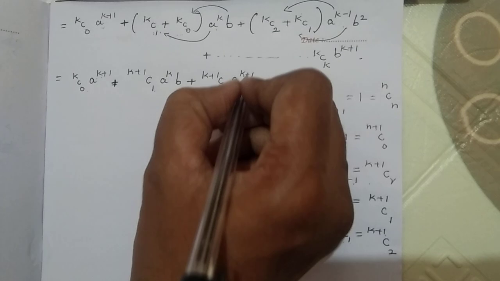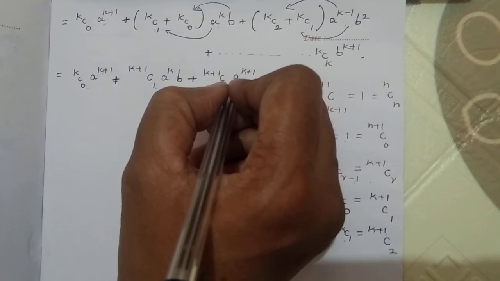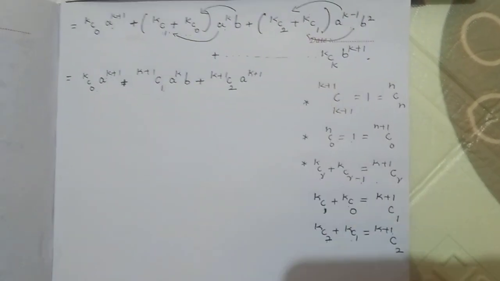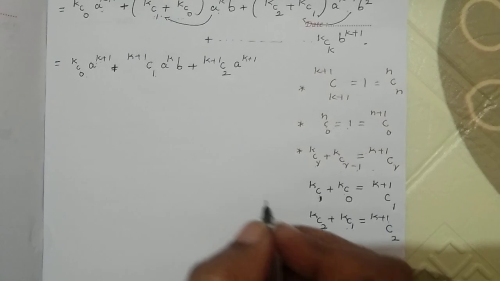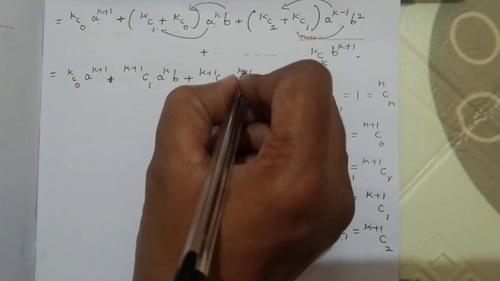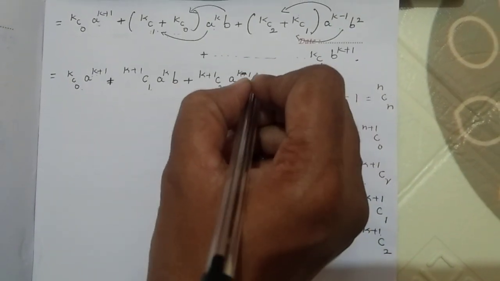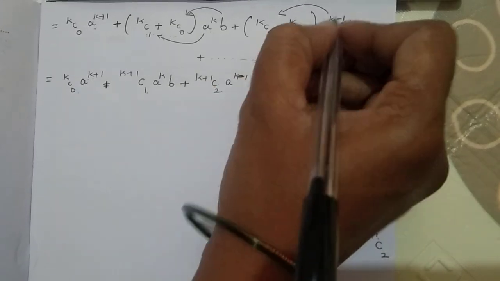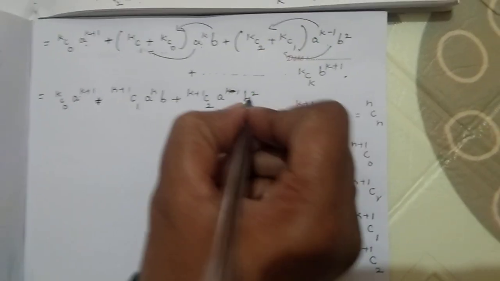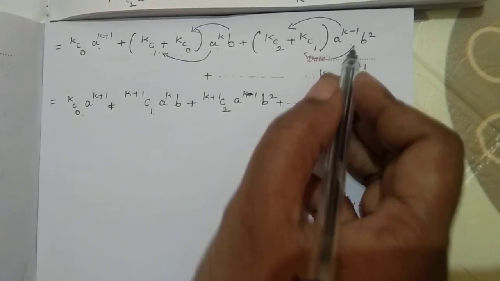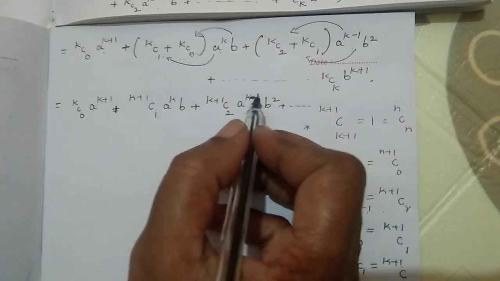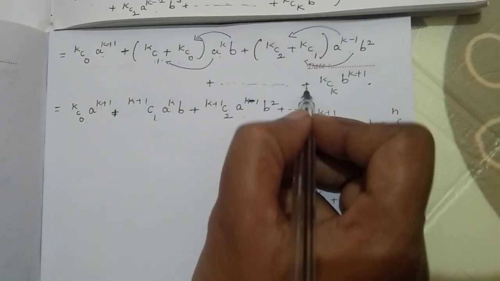So next, a to the power of k plus 1, then a to the power of k minus 1 b square, and so on. Whatever is there, I wrote as it is.